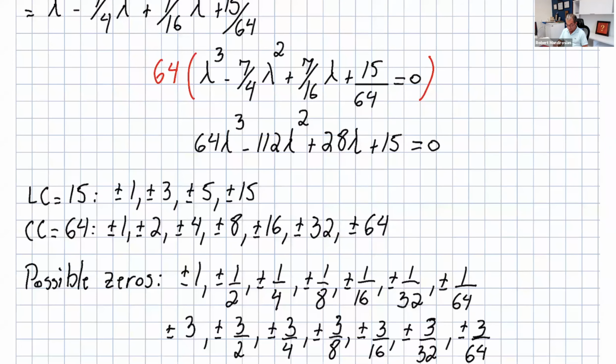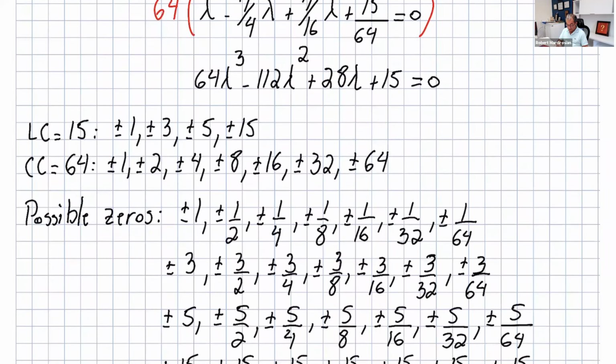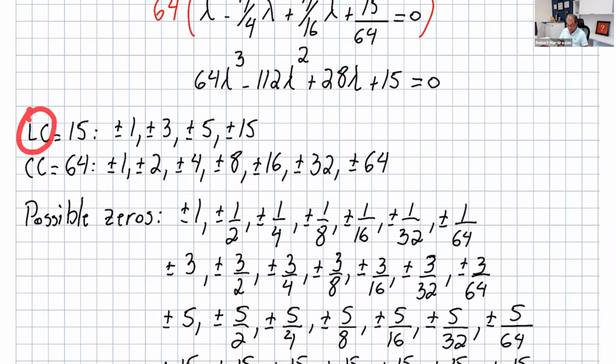And the possible zeros of this polynomial are going to be the ratios of the factors of the constant coefficient over the factors of the leading coefficient. So you can start with 1, so it's going to be plus or minus 1 divided by plus or minus 1 is plus or minus 1. Plus or minus 1 divided by 2 is plus or minus 1/2.